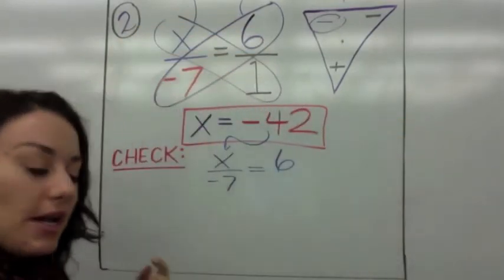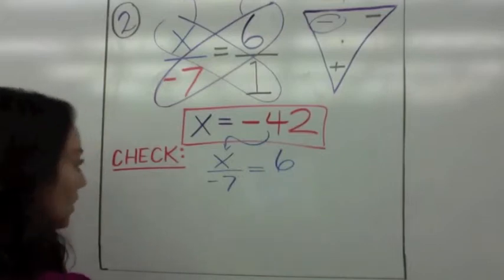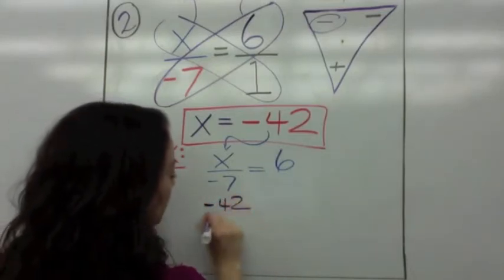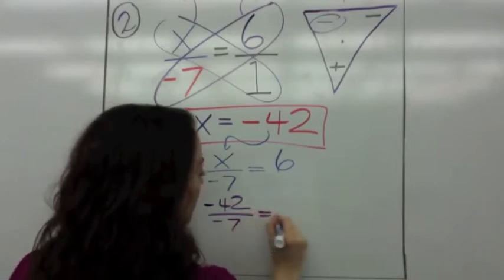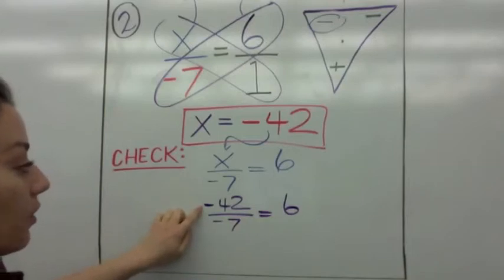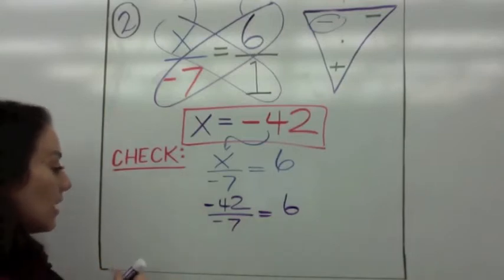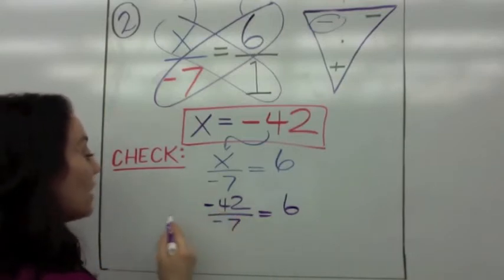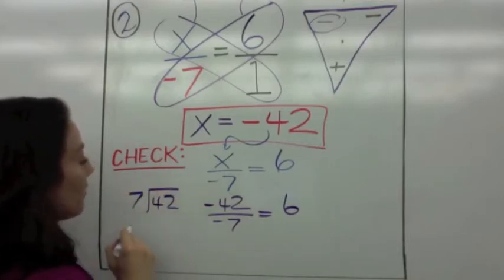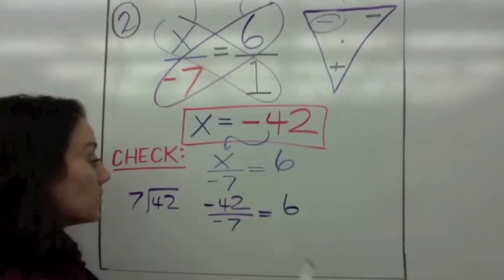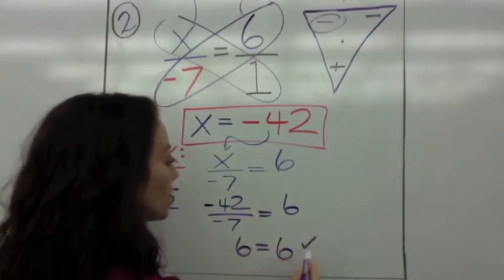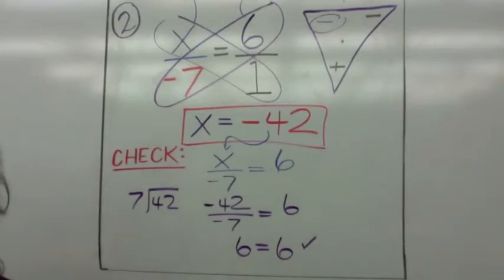Is negative 42 divided by negative 7 equal to positive 6? Negative divided by negative is positive, and 42 divided by 7 is 6. So it's positive 6 equals positive 6. Very good. Write that down.